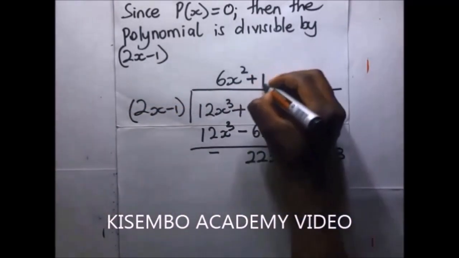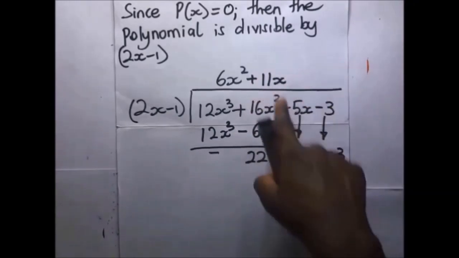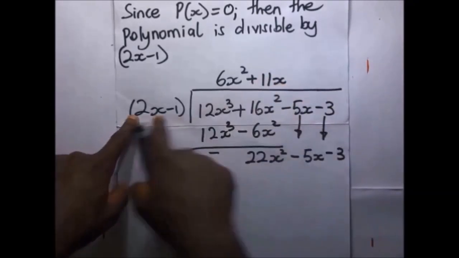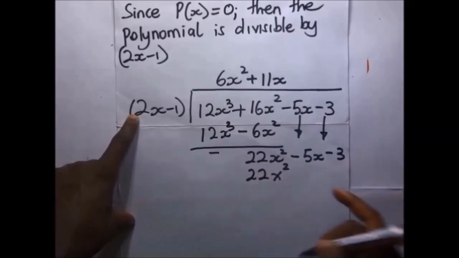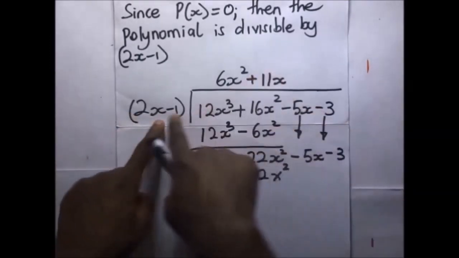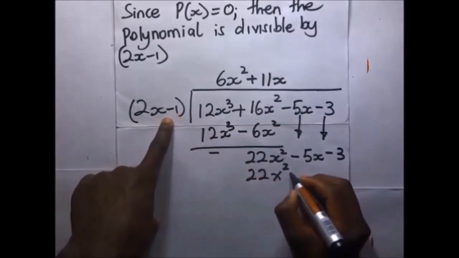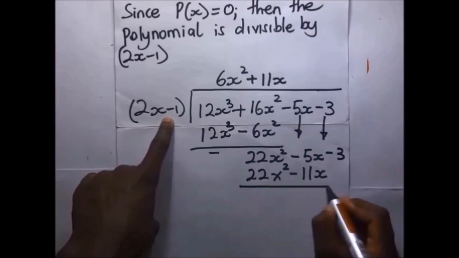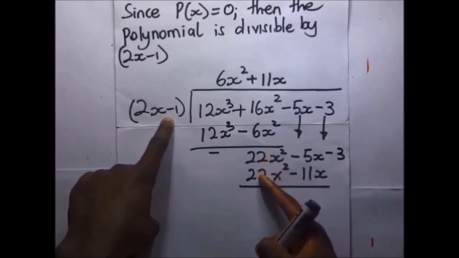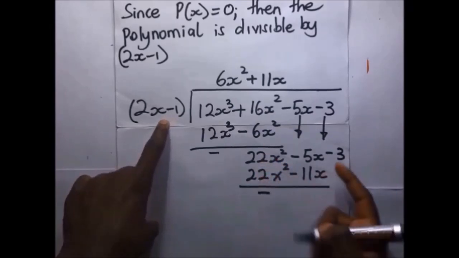So it is plus 11x. So 11x times 2x is going to give us 22x squared. And then 11x times negative 1, we shall get negative 11x. When you subtract this minus that will remain with nothing.